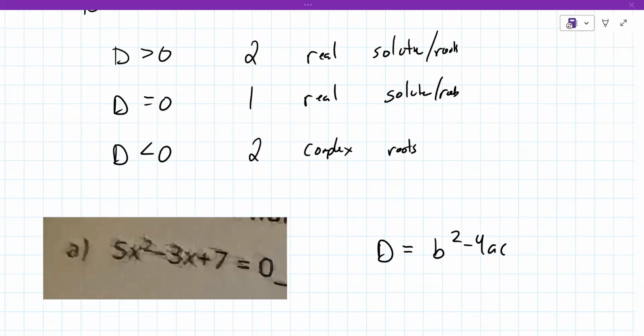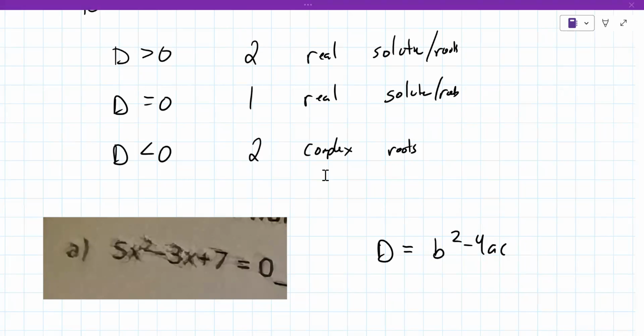So then 9 minus 4 times... minus 20, minus 140. 9 minus 140 is the discriminant. It won't work. It's a negative number. But can you give me that negative number? Let's just make sure you've got it fully worked out. 9 minus 170 is negative 161.